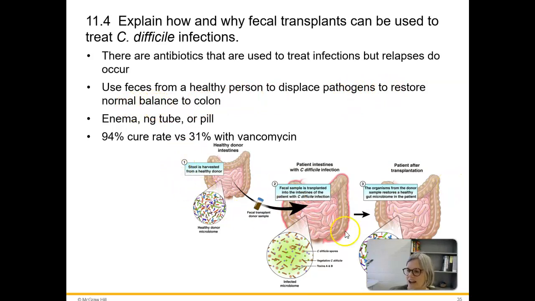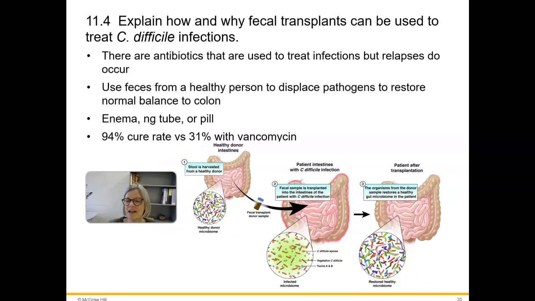This picture is not from your book. It's something I found on the internet, but it does give you an idea of it. Here they have stool harvested from a healthy donor. They're showing you this diagram that says this is their microbiome. There's a lot of variety. So they take a fecal transplant from a donor and put it into the patient. If you look at the diagram of this person's microbiota in their intestines, there's not a lot, and not a lot of variety.